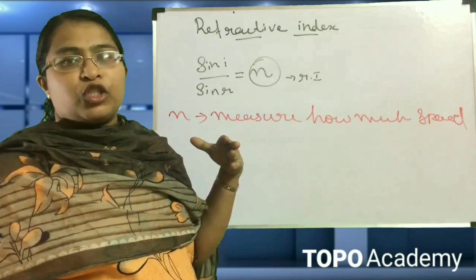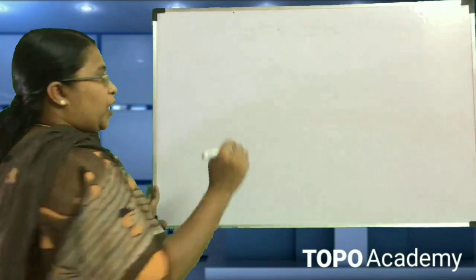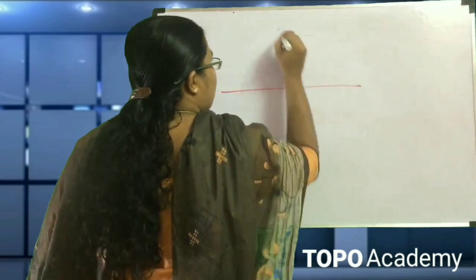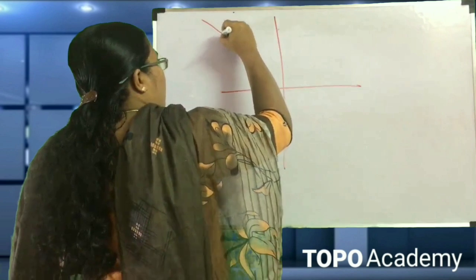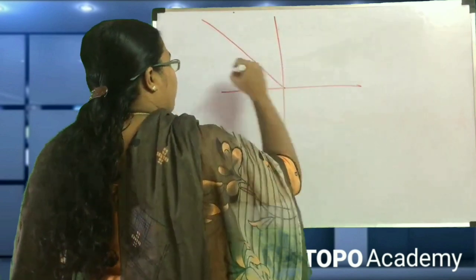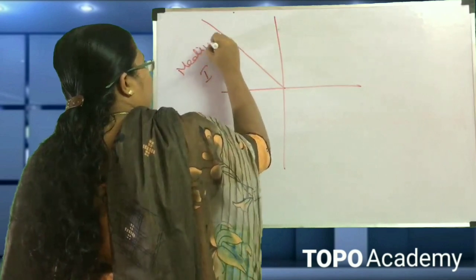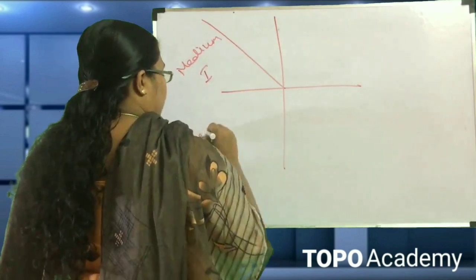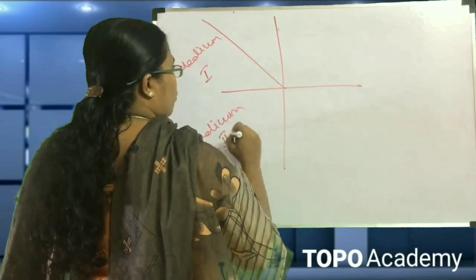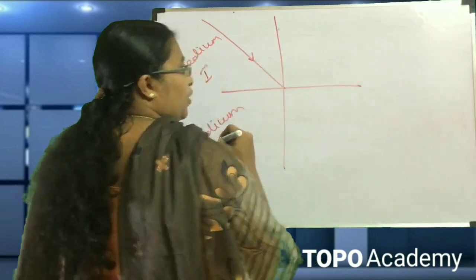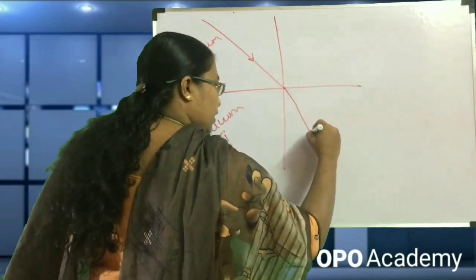So let us find the equation to find the refractive index. There are two mediums. This is the normal, this is medium 1, and this is medium 2. Light is entering from medium 1 to medium 2, so it is bending.